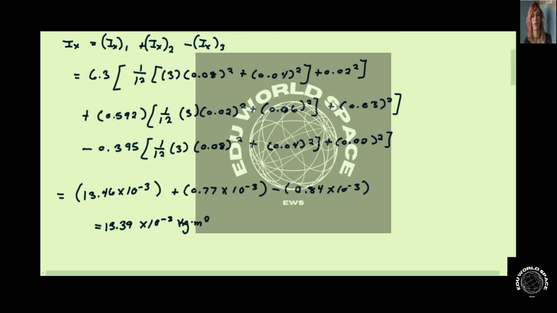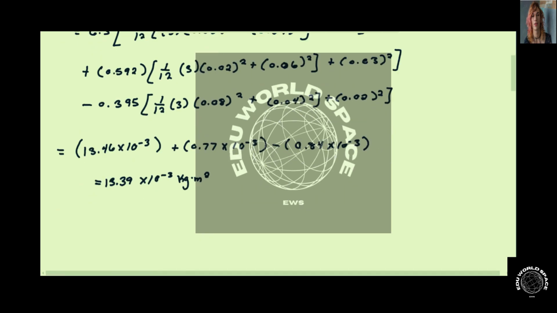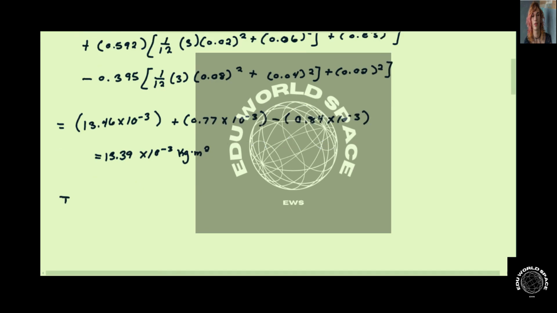Now for Iy, we have Iy1 plus Iy2 minus Iy3.